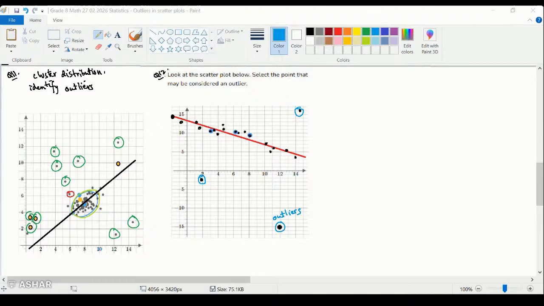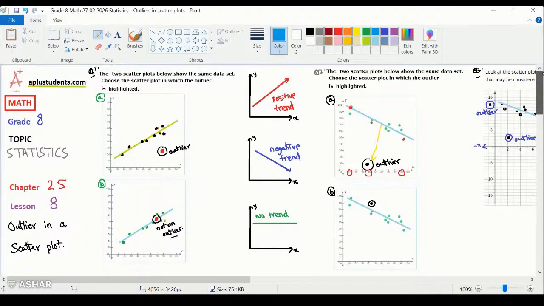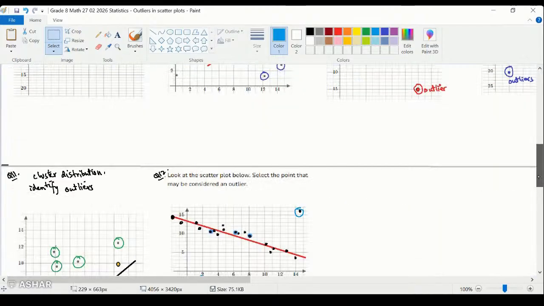Okay, one more thing. I just told you correlation. Let's see what kind of correlations we can have. I told you a positive correlation, negative correlation. We did this over here, right? I told you it's a positive trend, negative trend, or no trend, right?